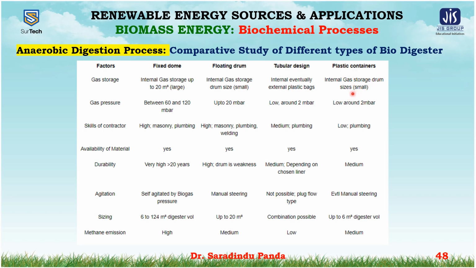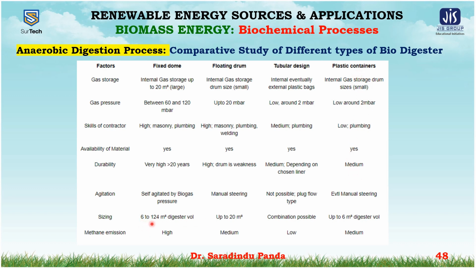For the plastic containers, the internal gas storage drum size is very small. Durability: very high for the fixed dome, greater than 20 years. Floating drum is high, but the drum is a weakness. Tubular is medium, depending on the chosen liner. For the plastic containers, it is medium.